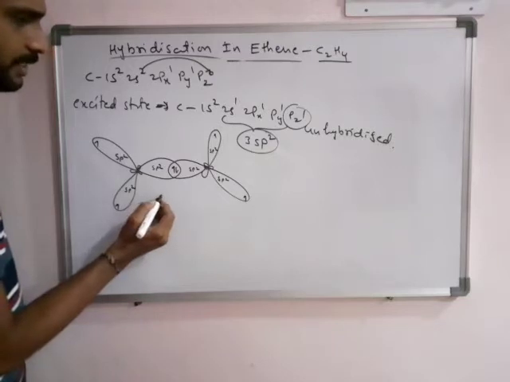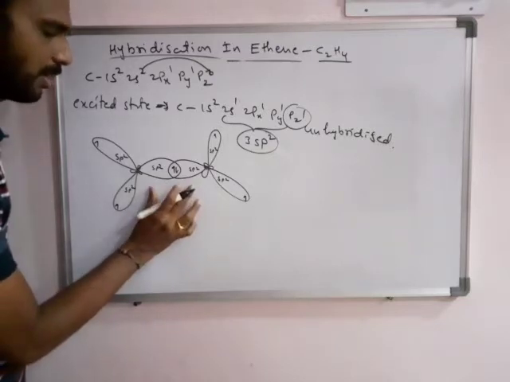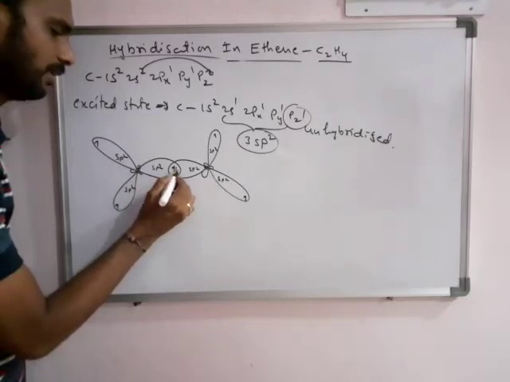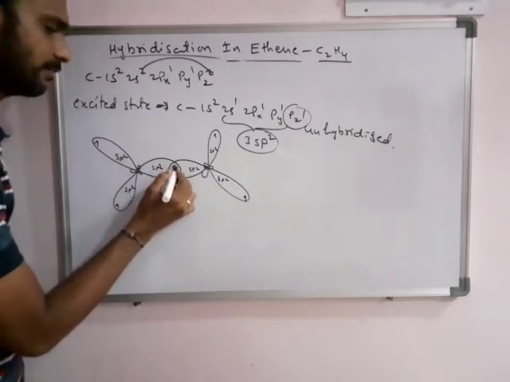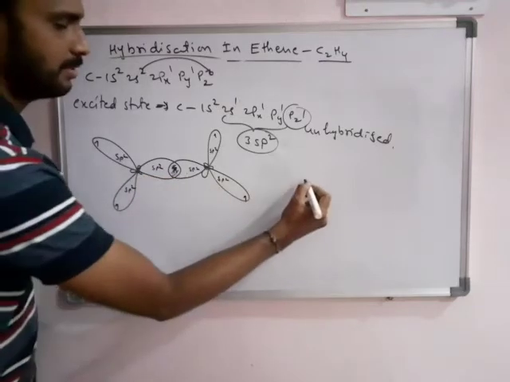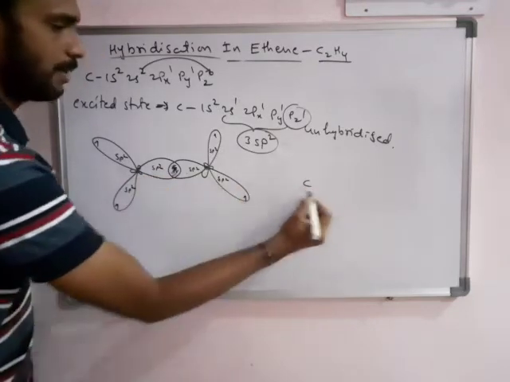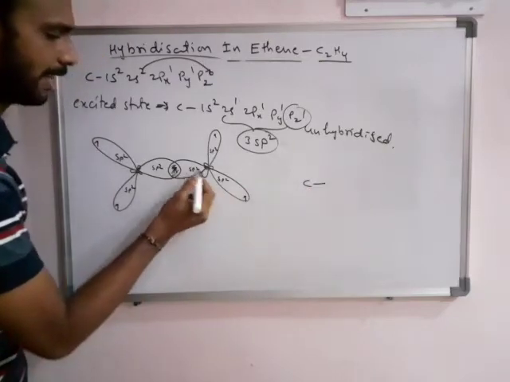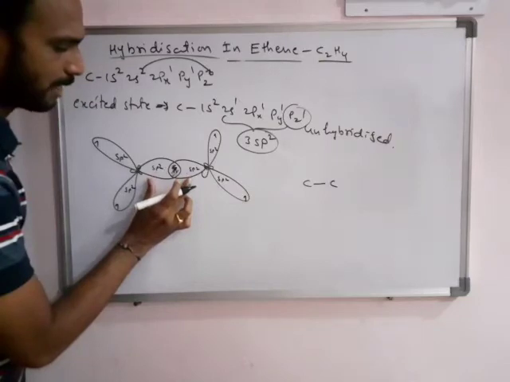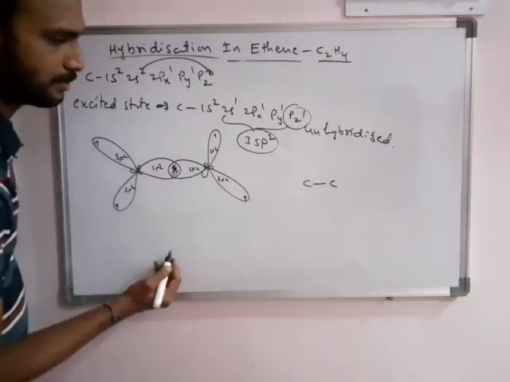Now there is a formation of a sigma bond between 2 carbon atoms by the overlapping of sp2 hybrid orbitals of both carbons. Means one carbon's sp2 hybrid orbital and the other carbon's sp2 hybrid orbital overlap, and formation of a sigma bond takes place.